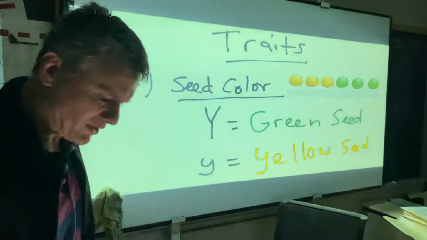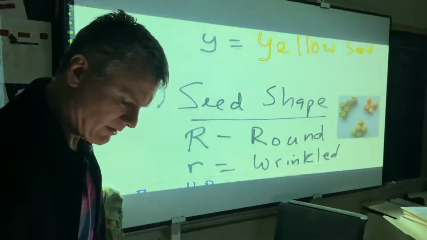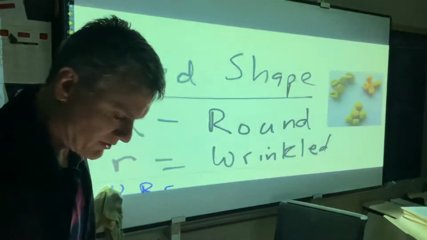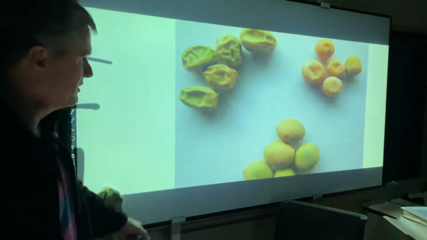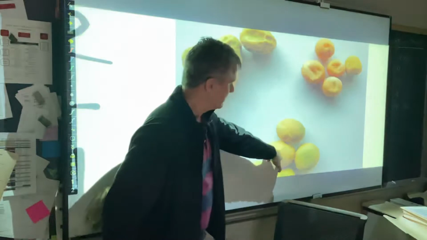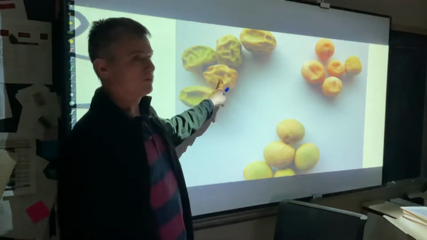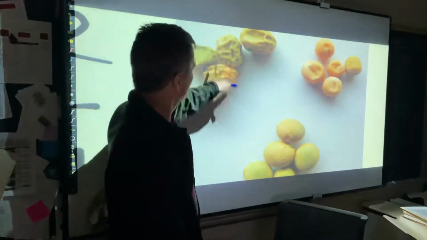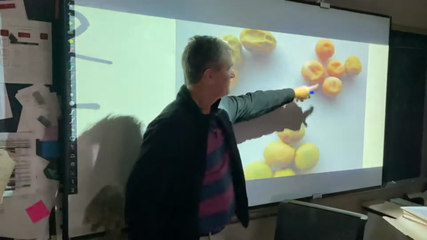And then another trait that he did test was seed shape. If you look at the picture, you're going to notice that the seeds are either smooth and round or wrinkled. So here you have green smooth, green wrinkled, and here you have yellow wrinkled.